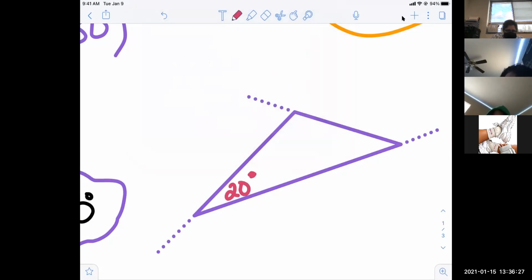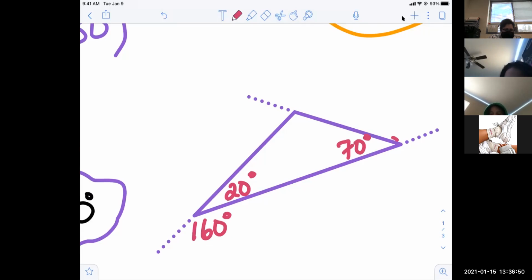What would the angle out here have to be? 160. Because they're what? What is it when they're supplementary and adjacent? Linear pair. Okay, let's say this one was 70 degrees.